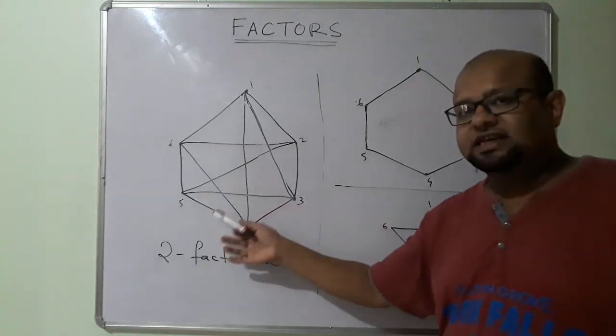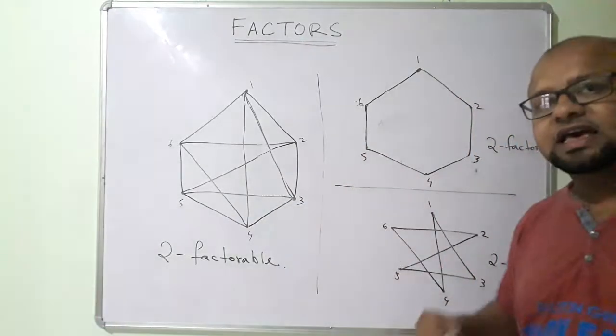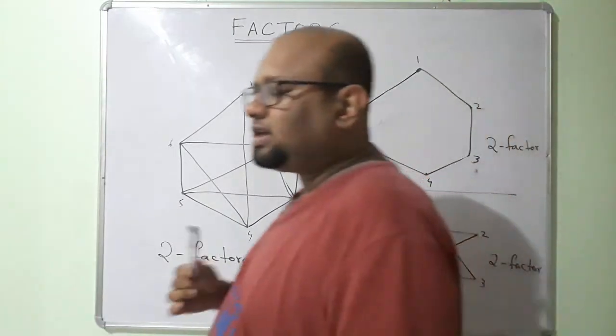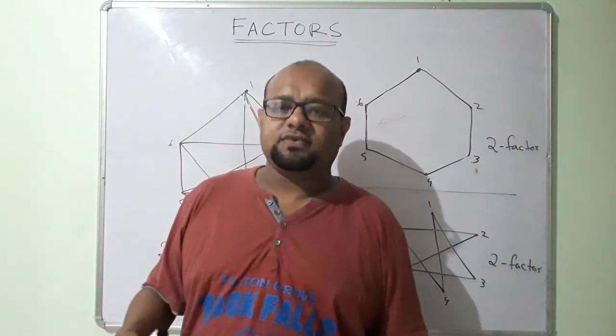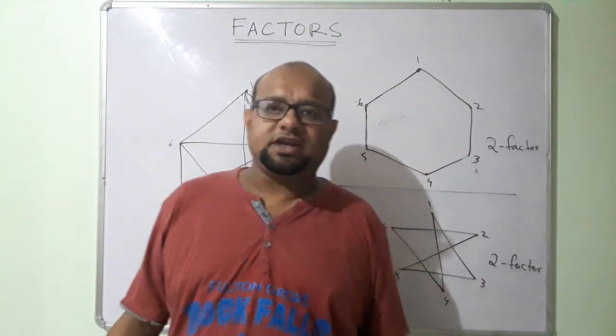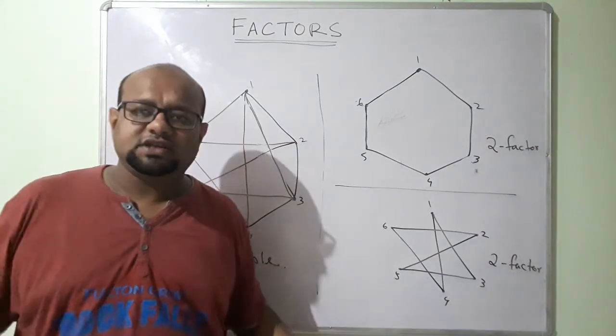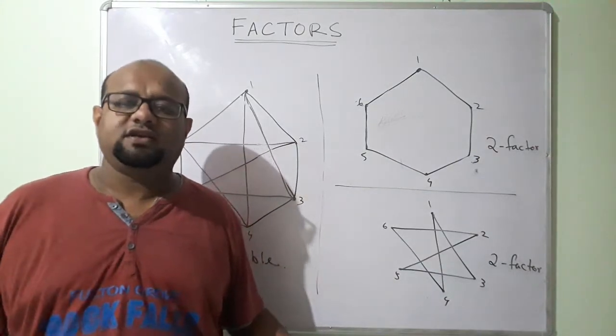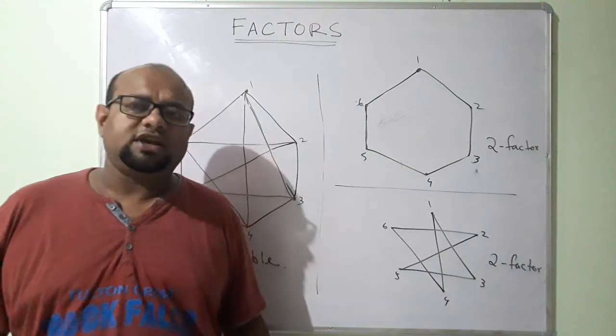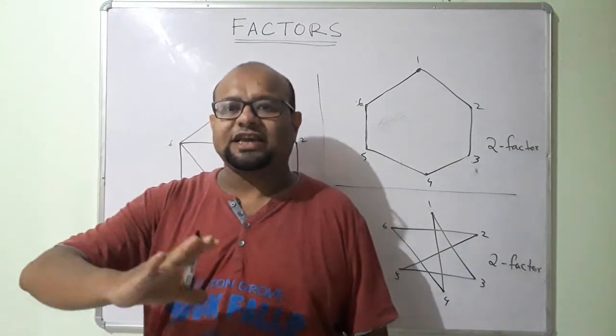All the vertices in here has to be here and has to be in all these factors. A factor is after all a spanning graph, so all the original vertices will be there. The vertices are common across all these different k factors that you will have. But the edges cannot be common.